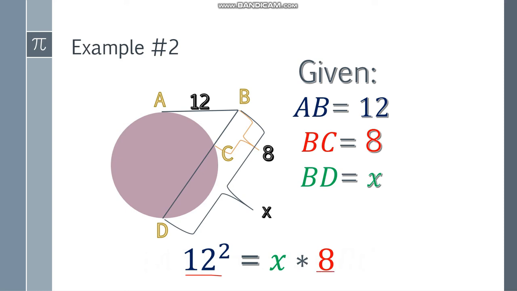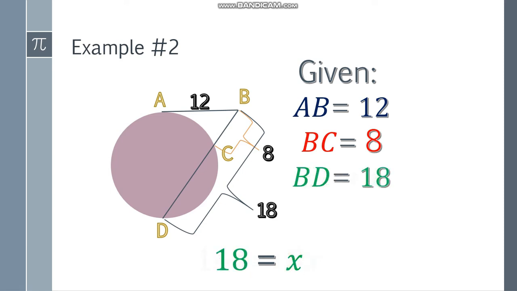Again, 8 is the external segment of the whole secant, the smaller one. So let's simplify it. 12 squared is 144, and X times 8 will be 8X. To find the value of X, just divide both sides by 8, and X will be 18. So the value of the whole secant will be 18 units.